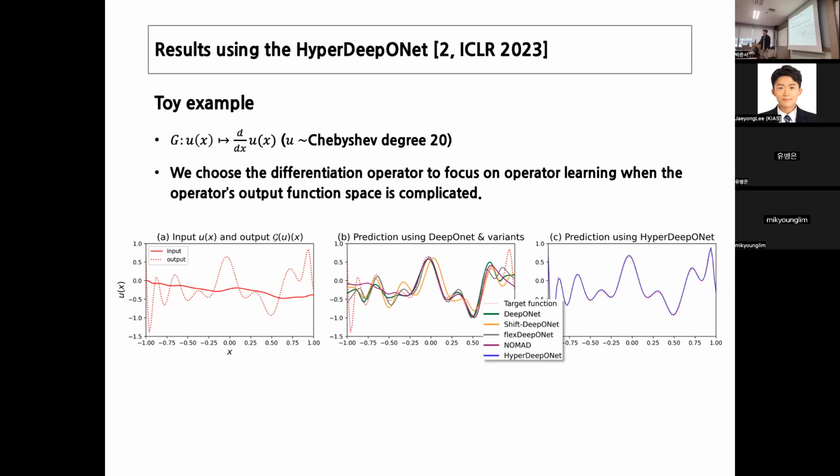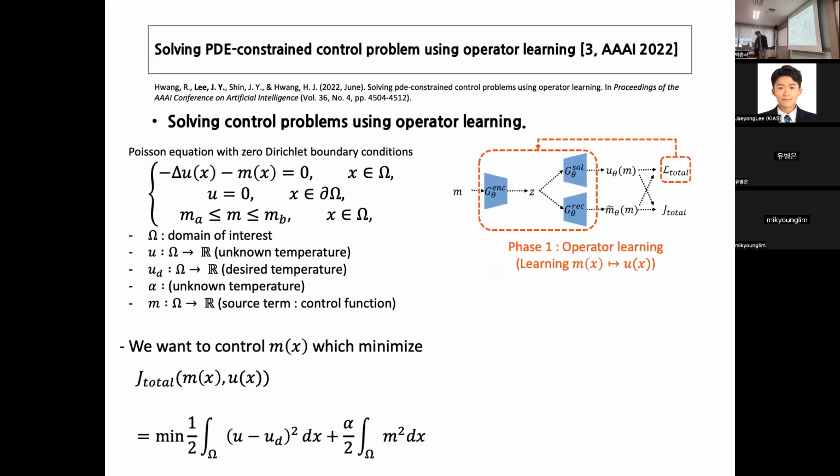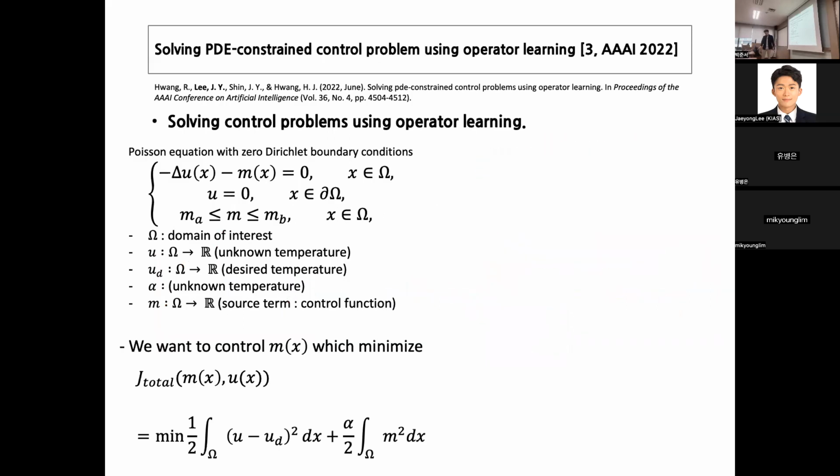Are there any questions? And there are a few slides. Next, I want to explain briefly the application of the operator learning approach to solve a PDE constrained control problem.